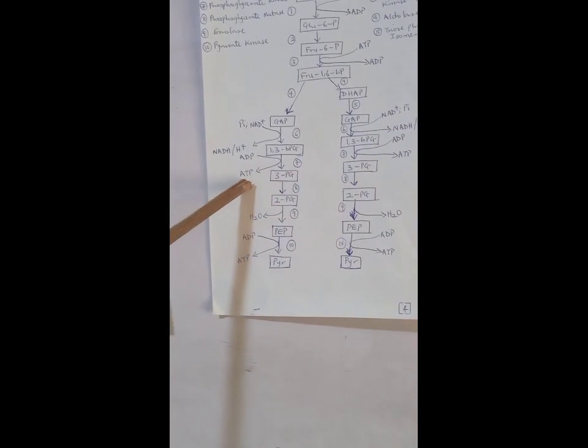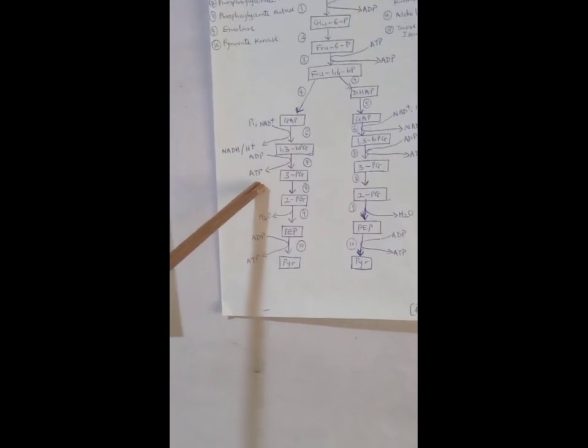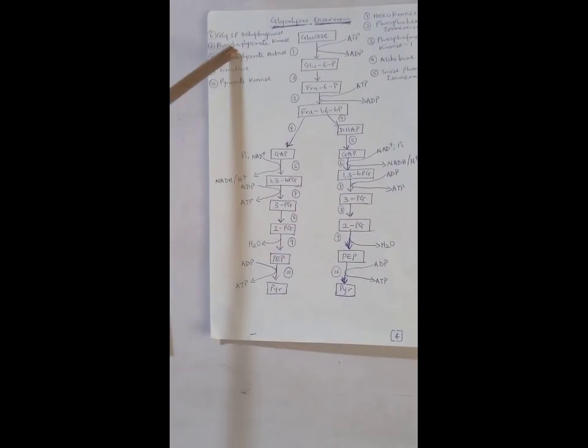Now, at this point, 1,3-bisphosphoglycerate is converted to 3-phosphoglycerate. ADP is converted to ATP. The first molecule of ATP is produced at this point, and you have 3-phosphoglycerate. That reaction is catalyzed by the enzyme phosphoglycerate kinase.